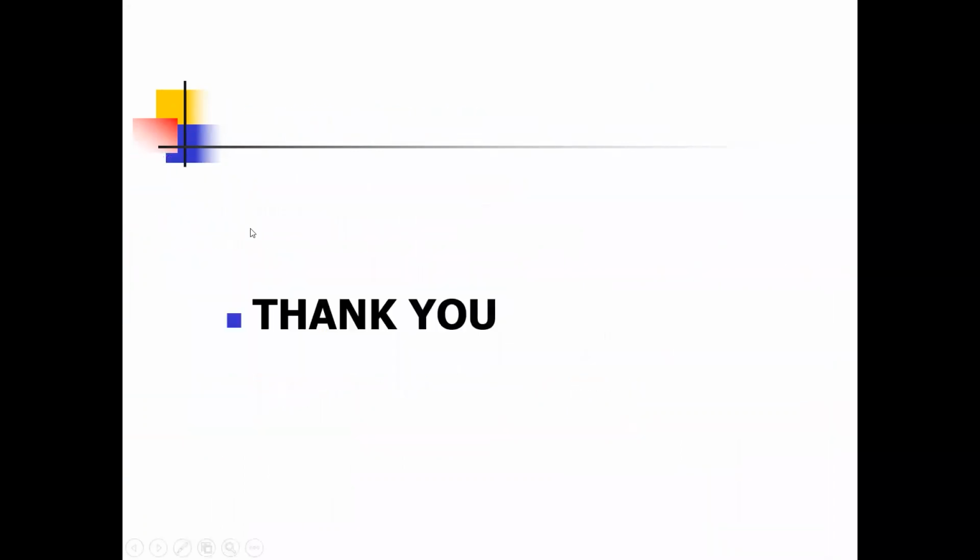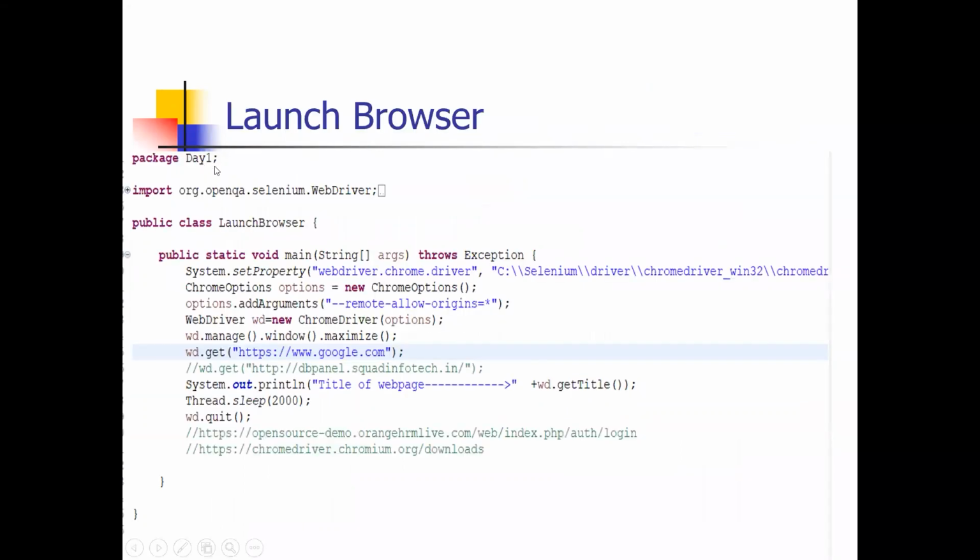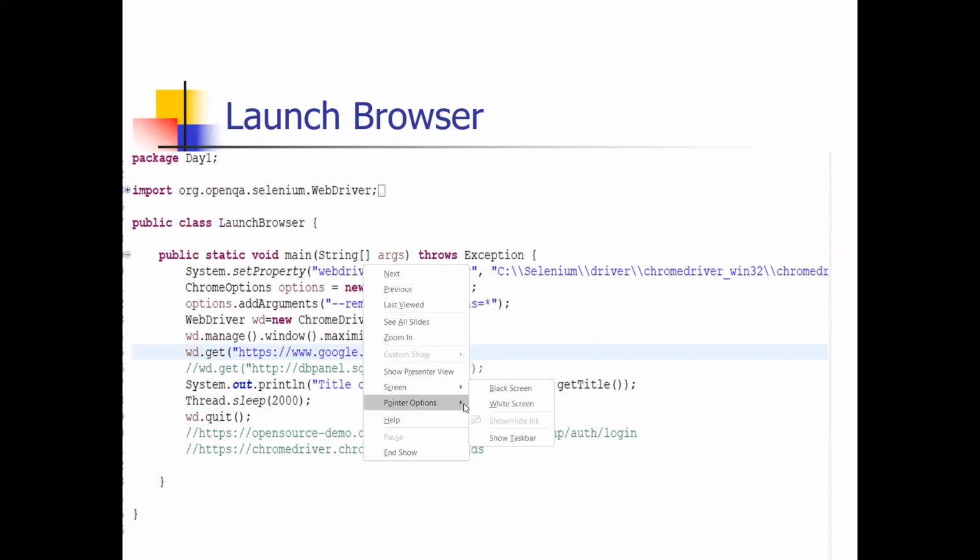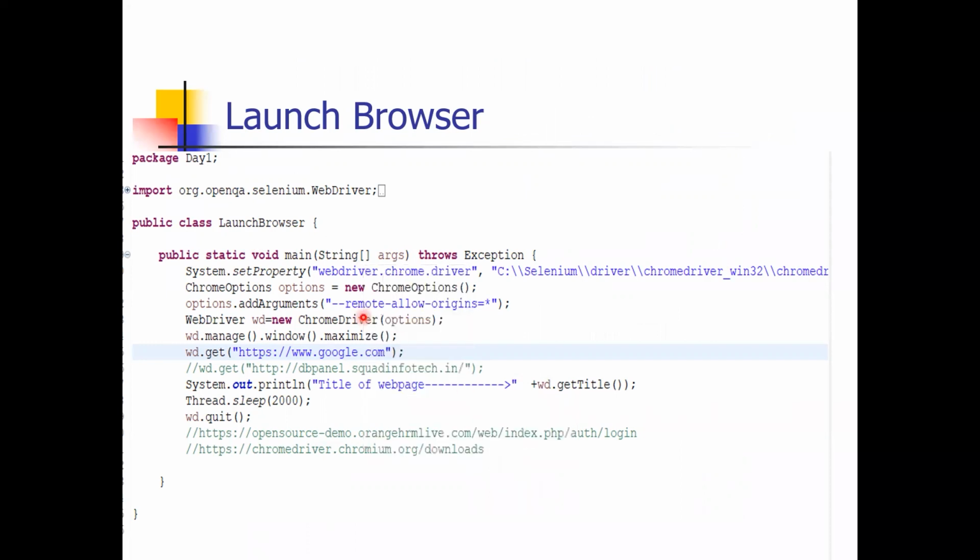Here the package name is different, but we have used the package name Selenium Script. We are going to write the program to launch a browser, meaning we want to launch some website. This is our class name, LaunchBrowser. This is our main. Forget this throws exception, I'll explain later. This is your class name, LaunchBrowser, and this is your main method.